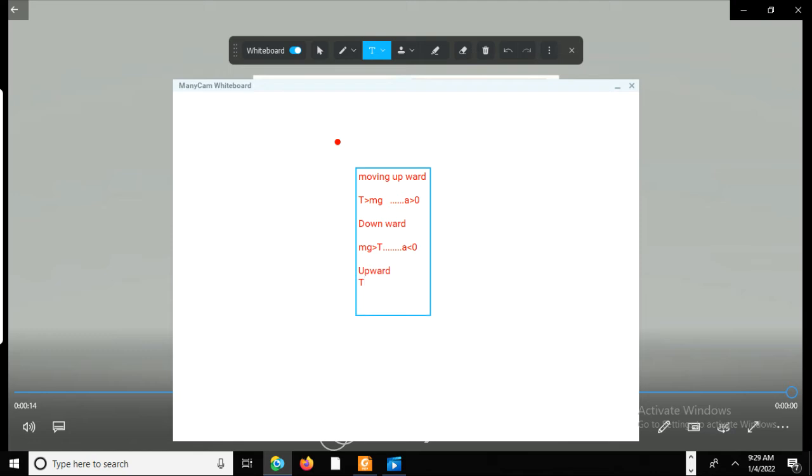Tension is greater than mg, so the motion is upward. Tension minus mg will give us mass times acceleration. Okay, you can say this is 1. Here tension will be what? m times acceleration plus mg.